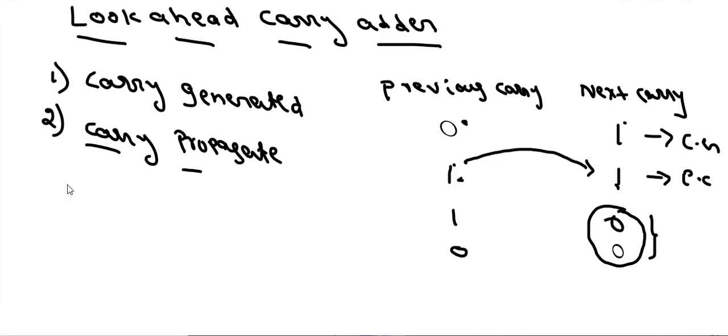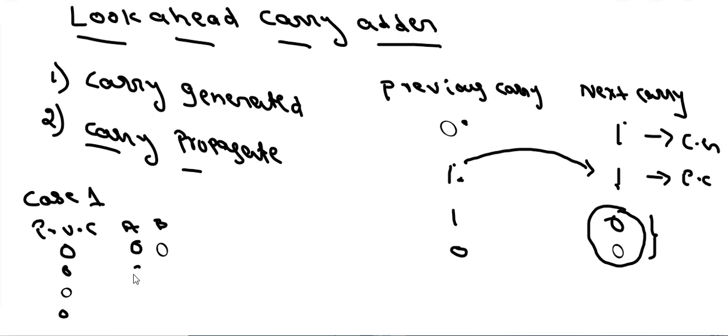Let us take an example, first the case 1 condition. The previous carry is all times 0, and we have two variables a and b. We have all the possibilities 0 0, 0 1, 1 0 and 1 1. What is the next carry generated? When it is 0 0 0, it is 0. You have to do it like a full adder.